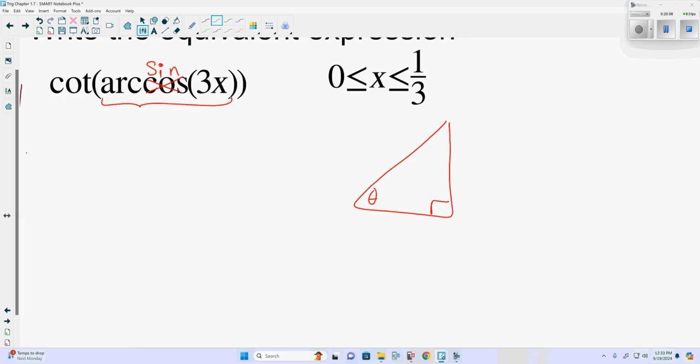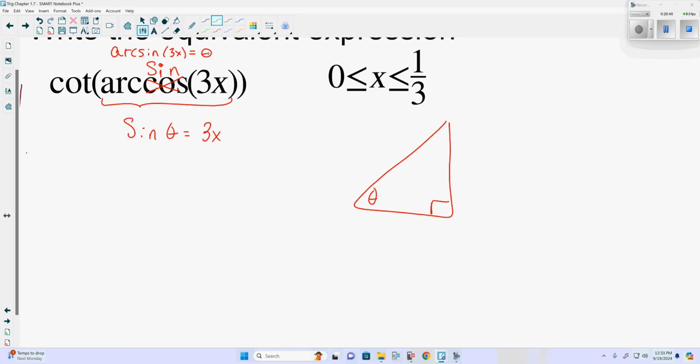Arc sine of 3x is true only if sine of an angle is equal to 3x. Because really arc sine of 3x would equal our angle value. So this is true if and only if sine of that angle is 3x, if we can go the other way around.